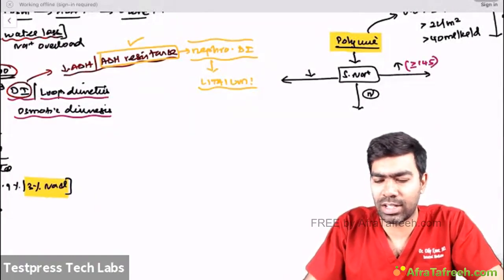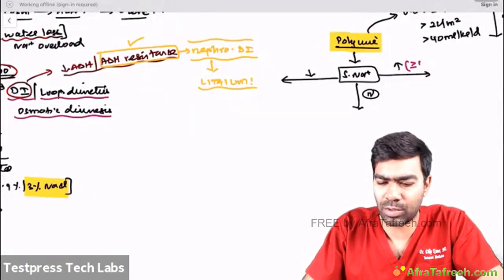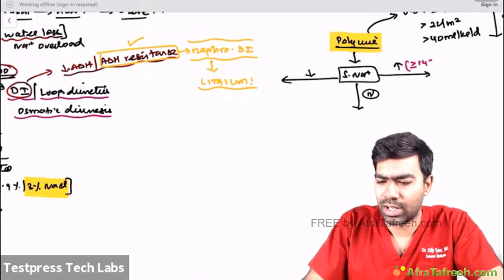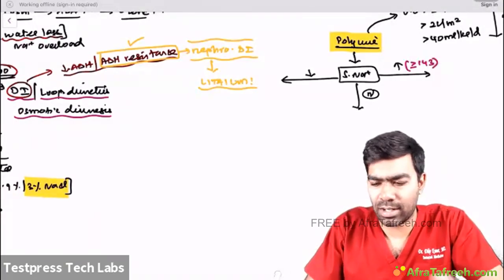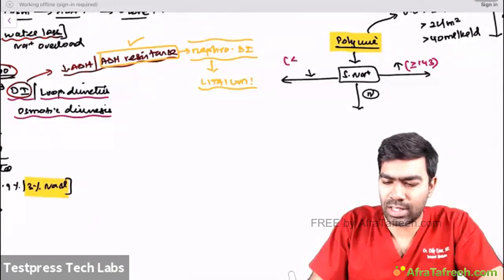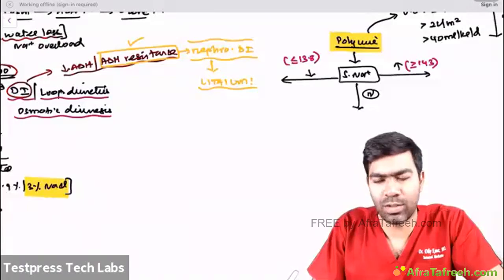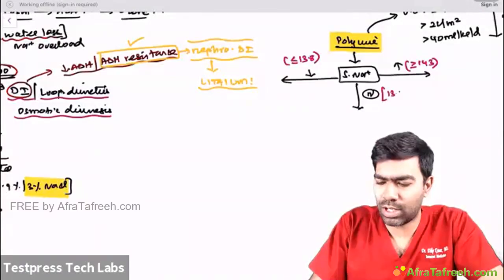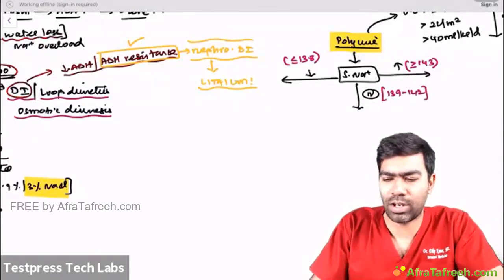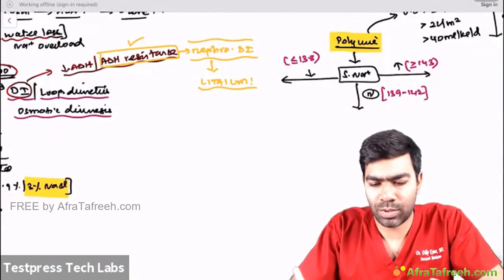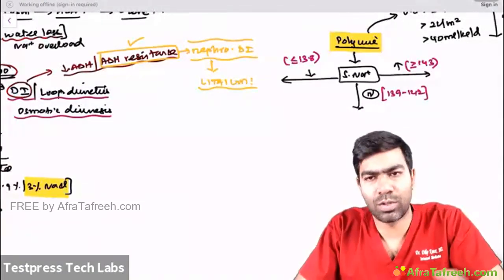Even I can say anything more than or equal to 143, I'll call it a high serum sodium. Reduced means anything less than or equal to 138, and anything in the range of 139 to 142 I can call normal. This is a relative term, so don't get confused by that.